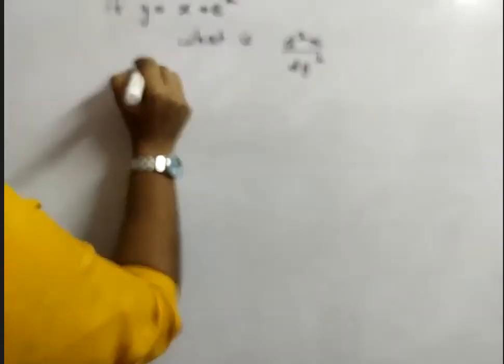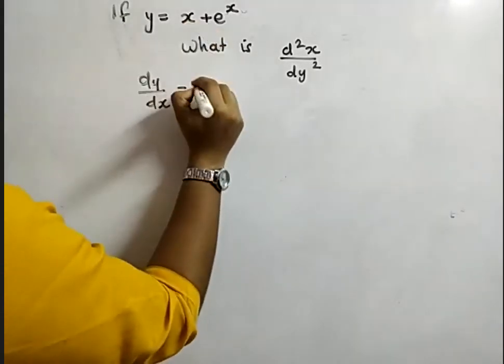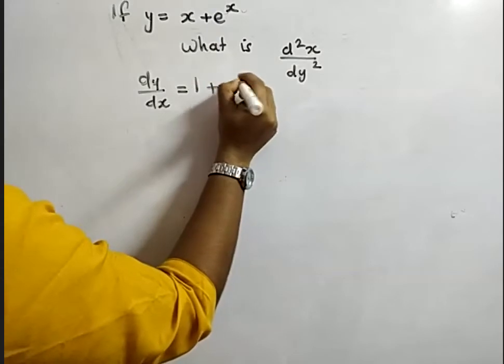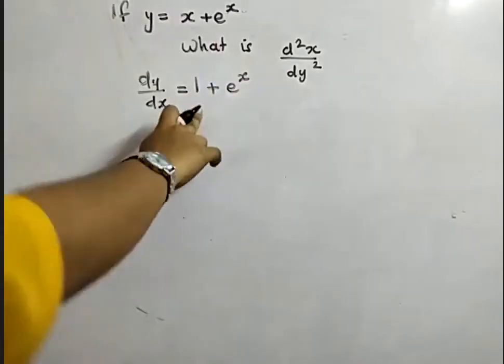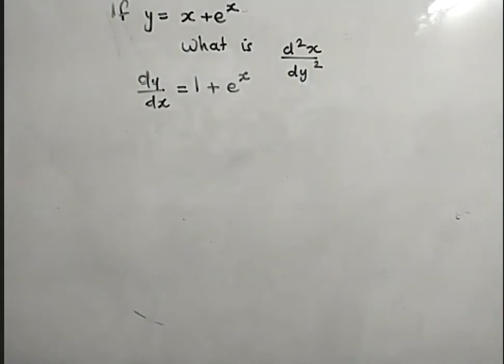So here dy by dx is equal to 1 plus e raised to x, right? Because the derivative of x is 1, and the derivative of e raised to x is e raised to x. So dx by dy, because we need to find dx, is equal to 1 by 1 plus e raised to x.